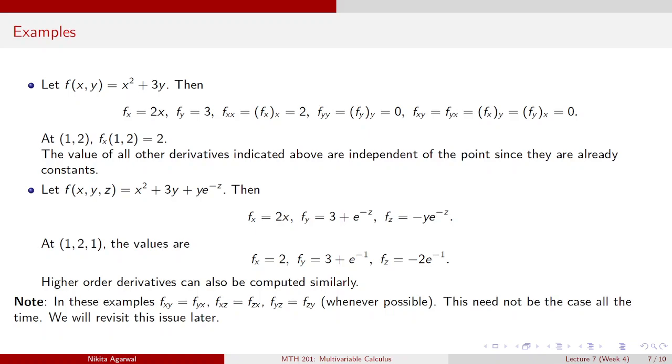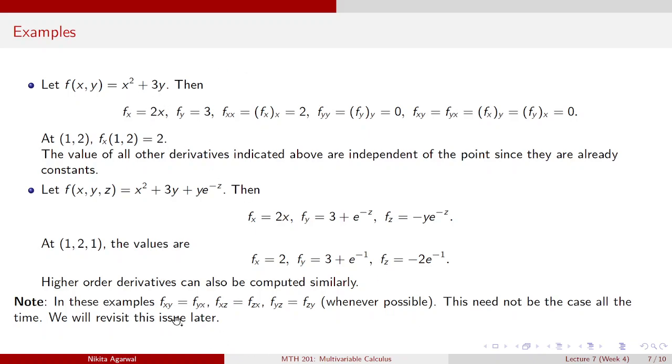An observation in these examples: these are called mixed partial derivatives, where you differentiate with respect to more than one variable. So in this case, fxy, fyx, fxz, fzx, fyz, fzy, wherever they are possible. Like the second and the third are not possible in the first example because there is no z.